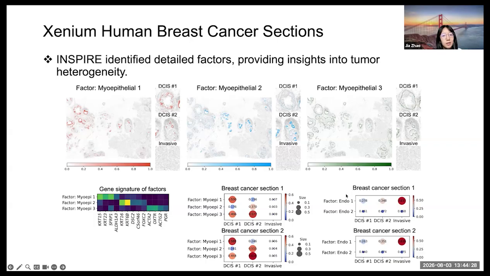Likewise, we find 2 endothelial cell populations. Very interestingly, one of them tends to colocalize with the invasive tumor type, but the other doesn't show such a pattern. So it helps us understand very detailed, fine-grained patterns within the tumor microenvironment.